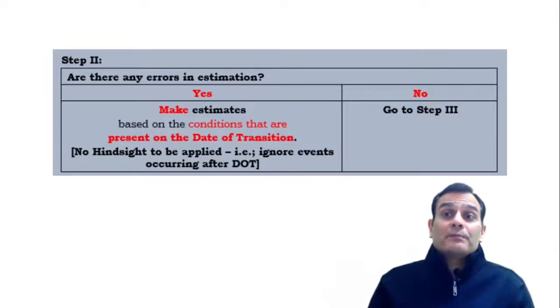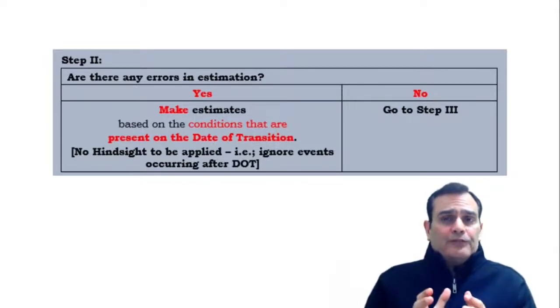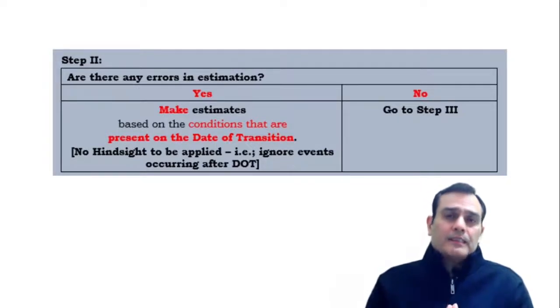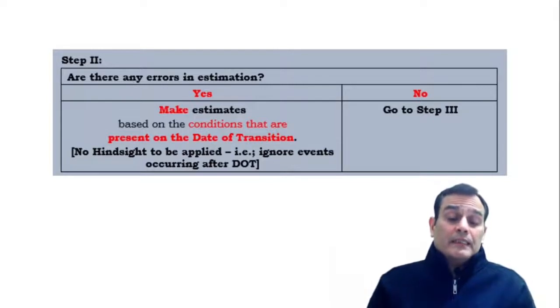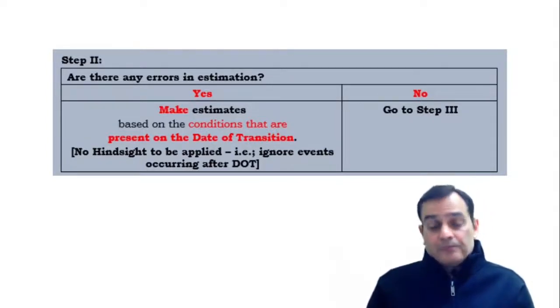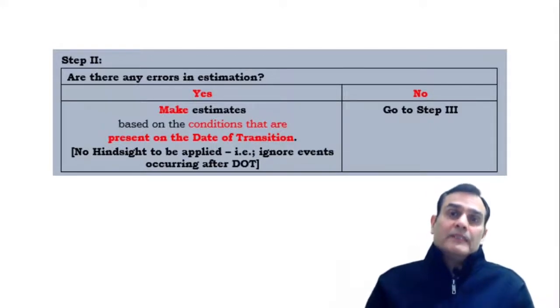So we're going to go to step number 3 in that case. But if you say yes, when the errors were there in the estimations, then it is again necessary to make the estimates exactly the way you did in step number 1. That means we can say that if the estimates were not made, you're required to make the estimates. And if the estimates were made, but there were errors in those estimates, you again need to make the estimates, put it simply.